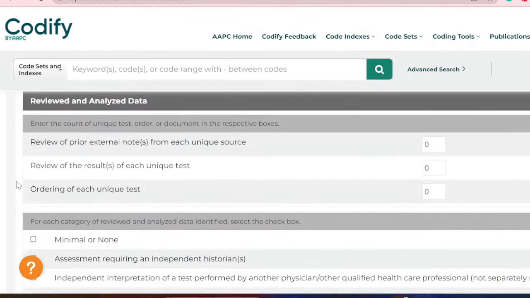Now, next, we're going to go down to our data. So we did review that test result, that x-ray. We get credit for either the order or the review. So even if we saw the order was placed for the x-ray, they're not going to get a credit for an order and a review. They get credit for one or the other.